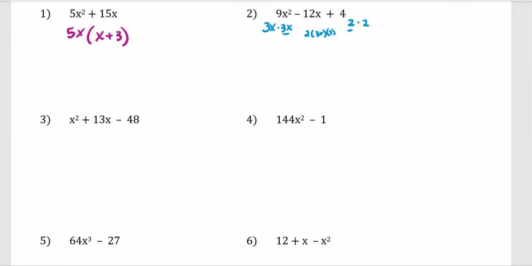On our notes, it was A and B. So 2 times 3 is 6, times 2 is 12. So we know that this is going to follow the perfect square trinomial pattern. So we have 3x minus 2 times 3x minus 2, or 3x minus 2 squared. If you didn't do it this way, that's fine. You can always use the AC method or another method.